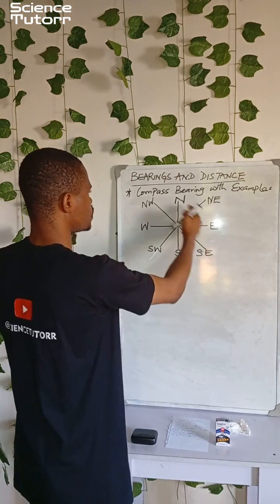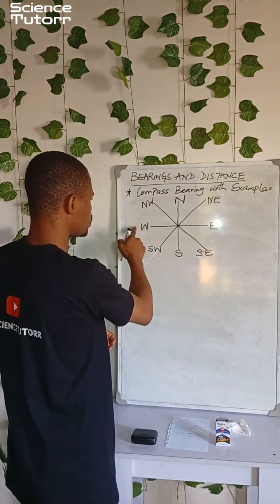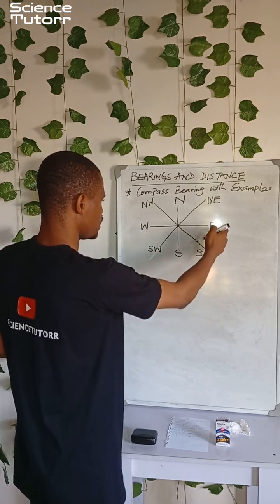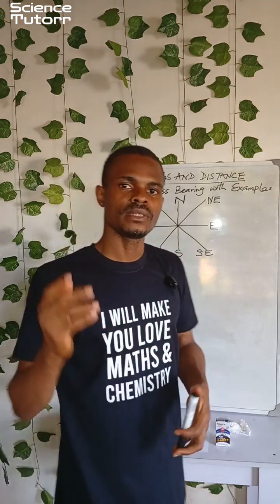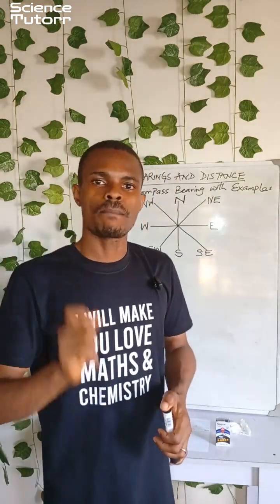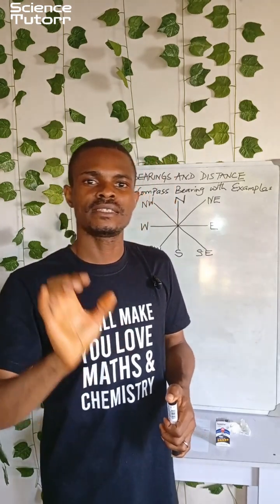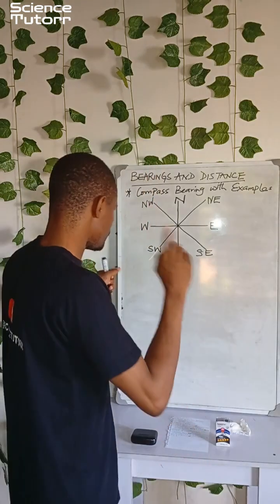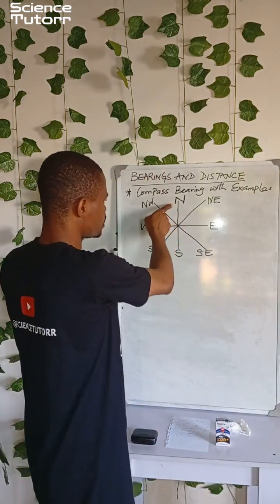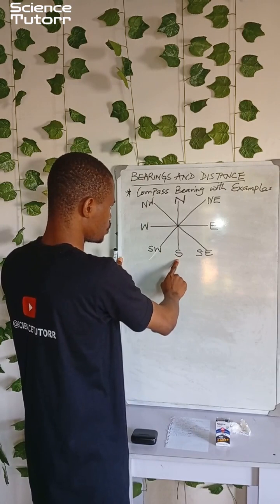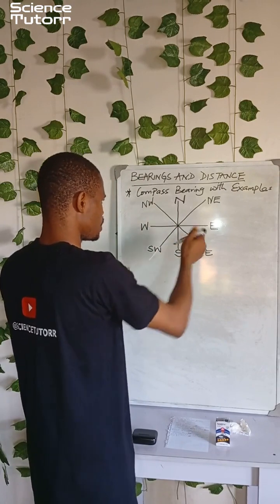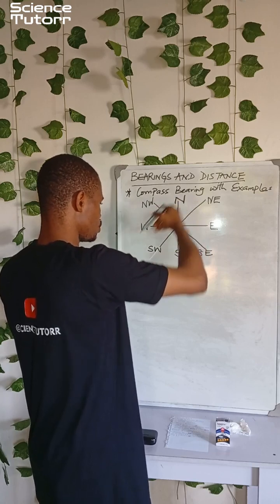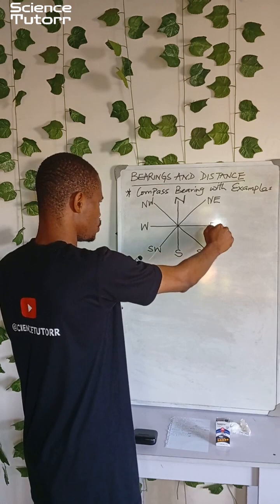Now I can't call it east north. I can't call it west north. No, I can't call it west east. I can't call it east south. Why? In compass bearing, the focal point, the terminal point, lies at the north and south pole. So my directions, my bearing will always be taken from either the north or the south. So in this case, if I'm drawing, it has to come from the north. I term this northeast.